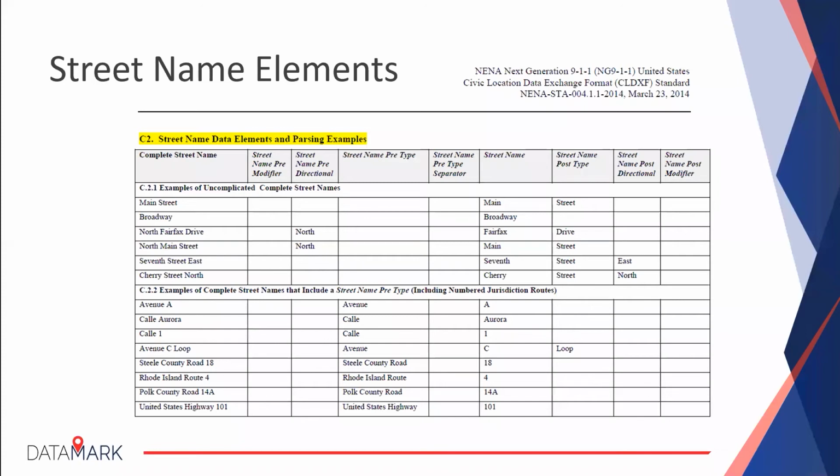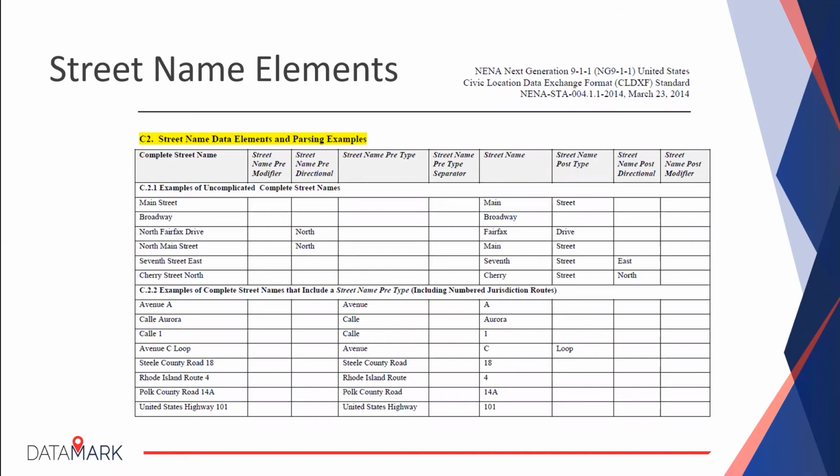Pretypes are especially prevalent in foreign language road names, such as Spanish and French, but are also in English, as you see in the example of Avenue A. Avenue A is particularly popular where a place was addressed with a grid system and using letters to be part of that grid. Avenue would be a pretype and A the street name.